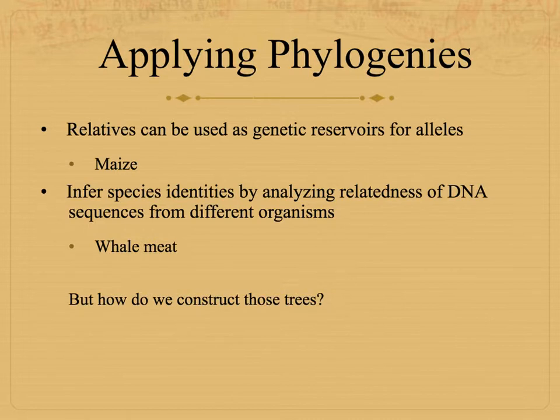So if somebody has some meat and they say it's whale meat, but they're swearing that it's not one of the endangered ones, you could actually test that, find out what the DNA evidence shows us on a molecular basis, and we could look at the phylogeny and say, well, this whale and this whale share these similar genes, so it must be this endangered whale here.